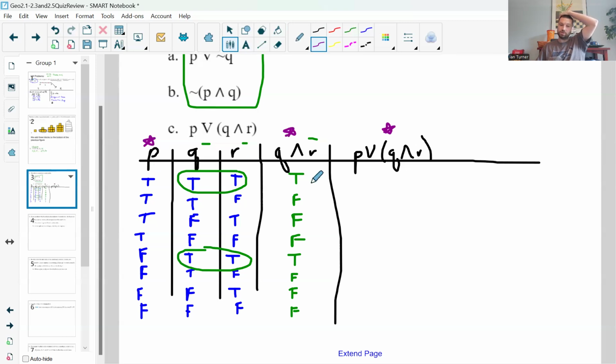You could go through each one and see true, true is going to give us true, or the only time it's going to be false is when we have two falses. So here's a false. Here's a, wow, this is a cool one. It's the last three. So these are where we have our double falses. Everywhere else we have at least one true.